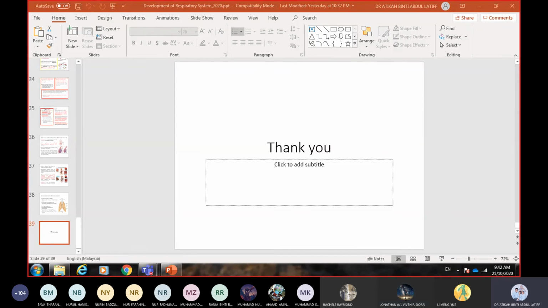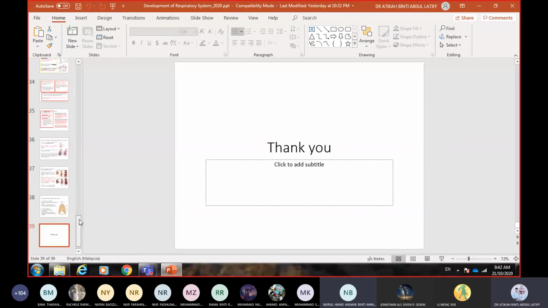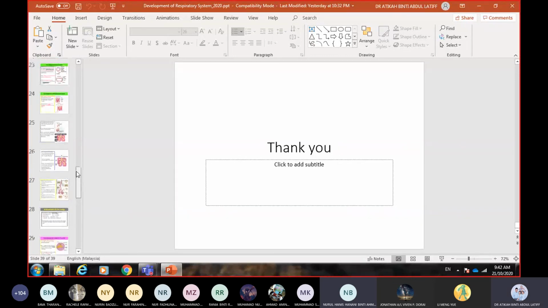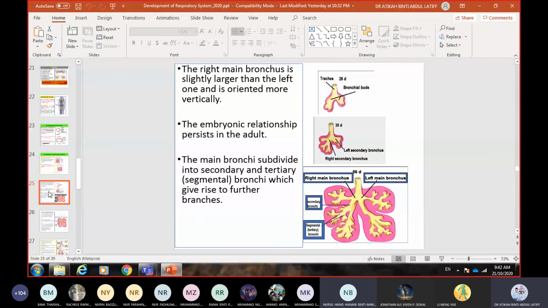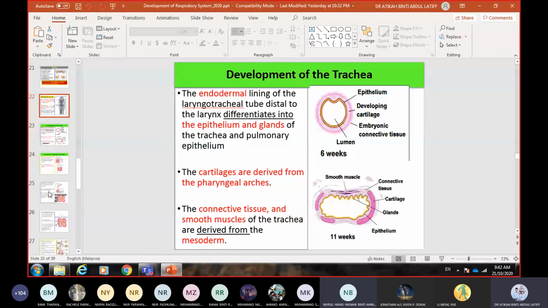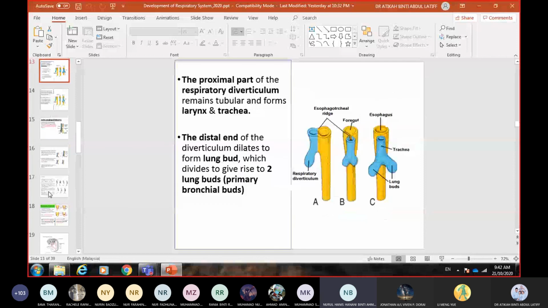Doctor, I have a question. Why was the right lung able to form three bronchi, but the left lung only forms two?